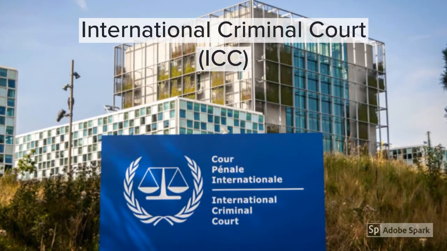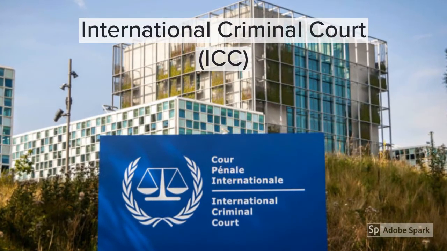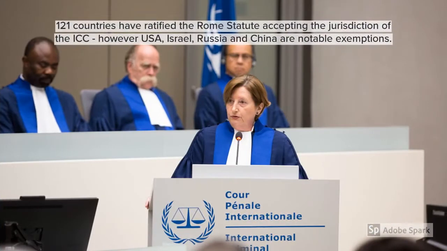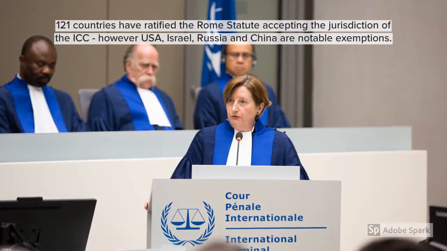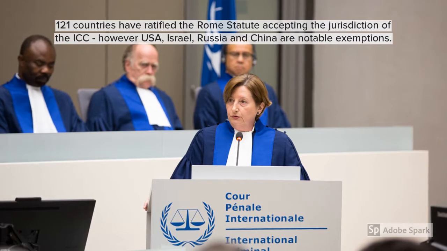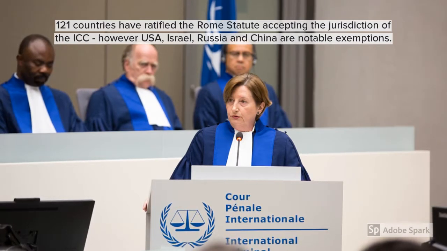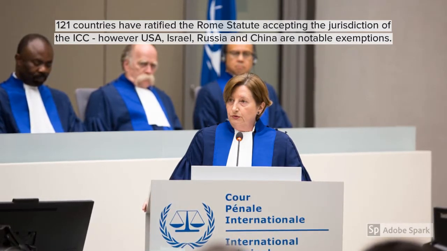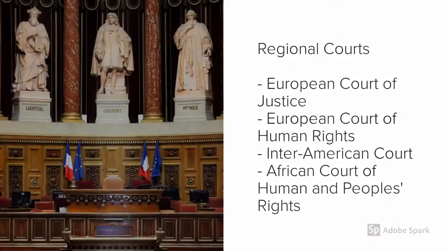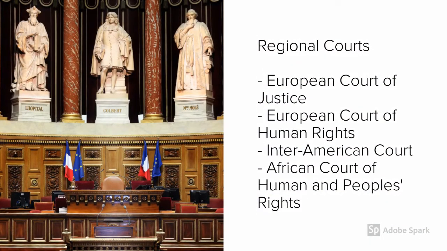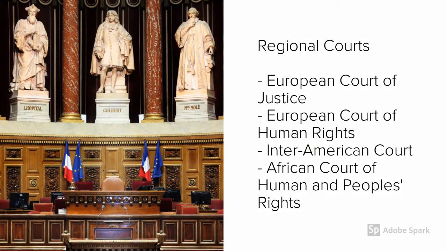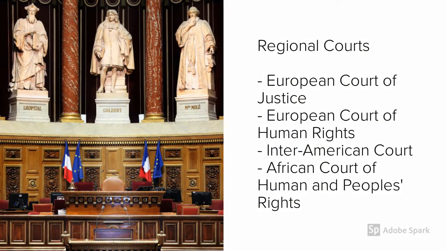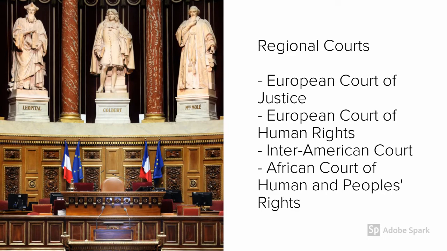Another major independent court is the International Criminal Court. 121 countries have ratified the Rome Statute accepting the jurisdiction of the ICC. However, USA, Israel, Russia, and China are notable exemptions. There are also a number of other regional courts, such as the European Court of Justice, the European Court of Human Rights, the Inter-American Court, and the African Court of Human and People's Rights.